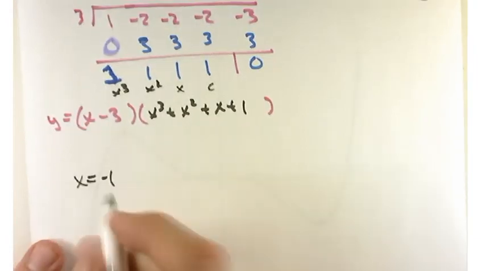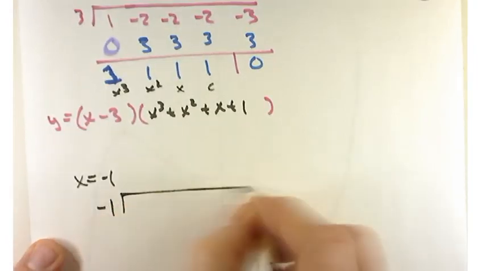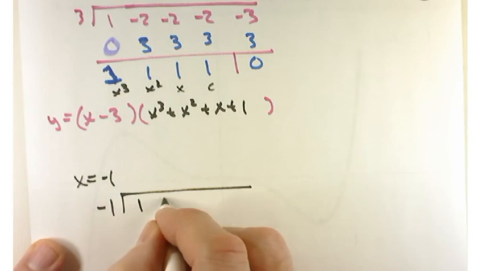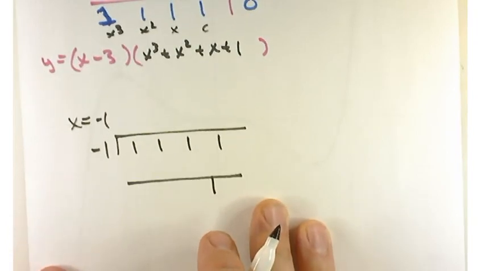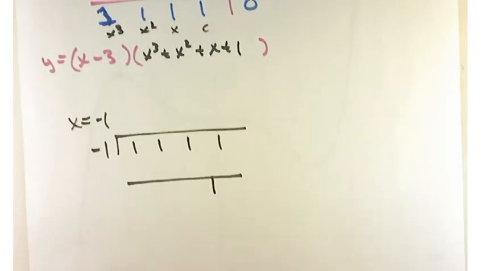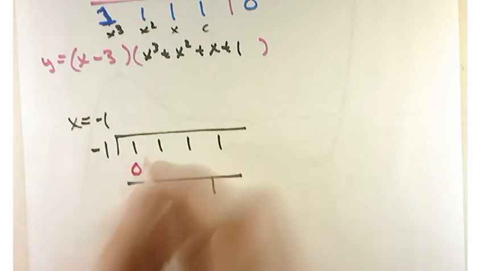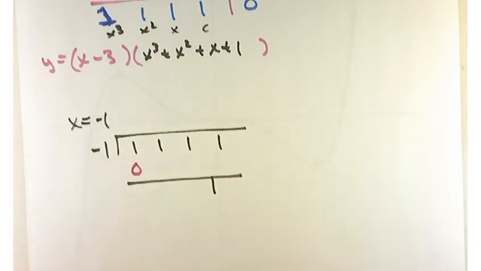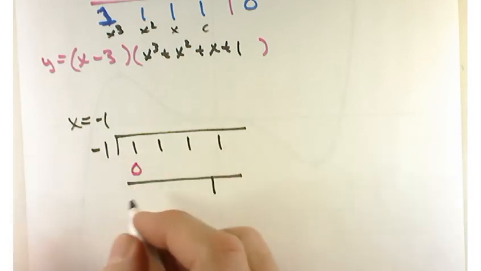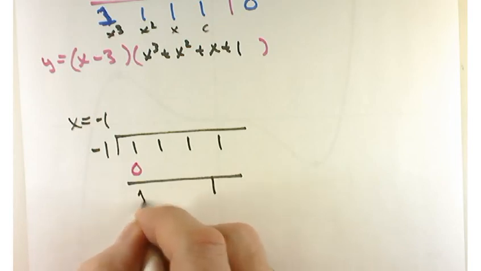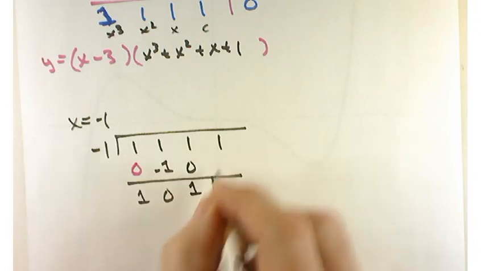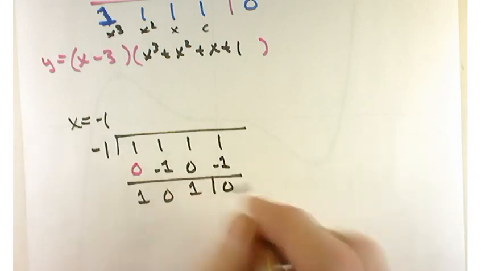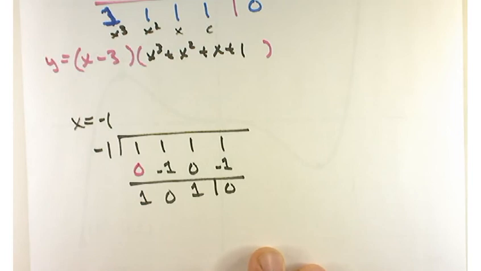So let's put -1 out in front here. 1, 1, 1, 1. Our little starter 0. -1, -1, 0, 0, 1, -1, 0. Beautiful.